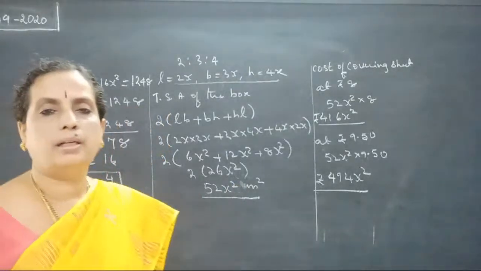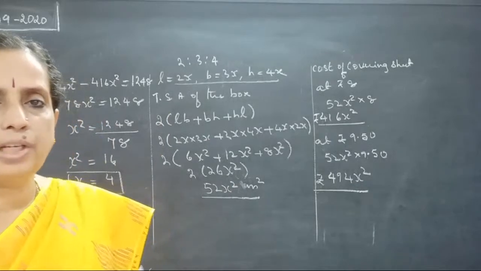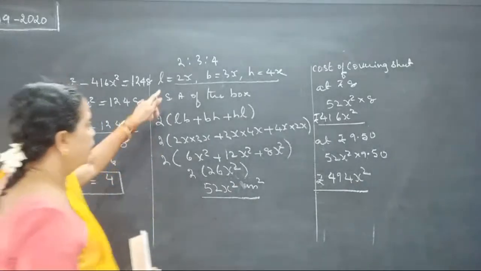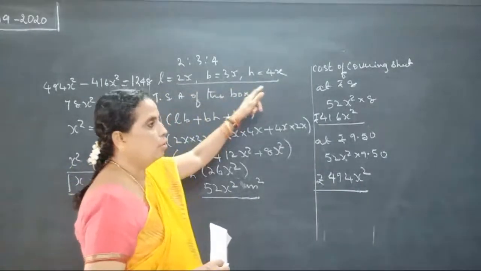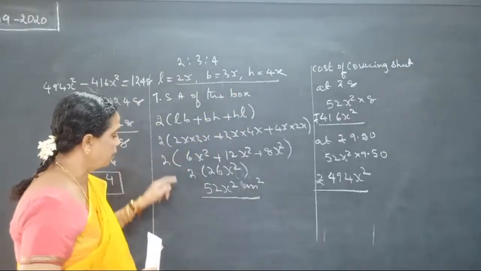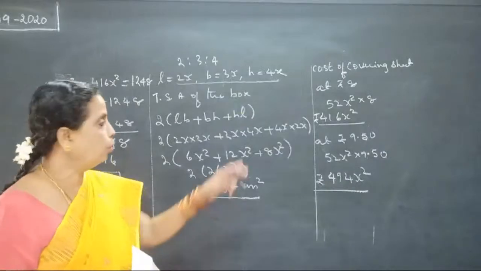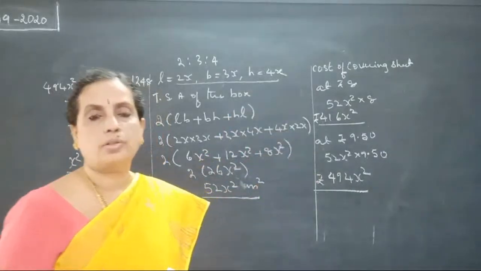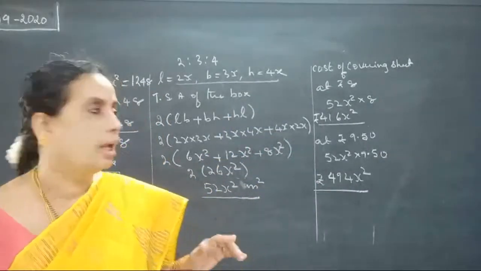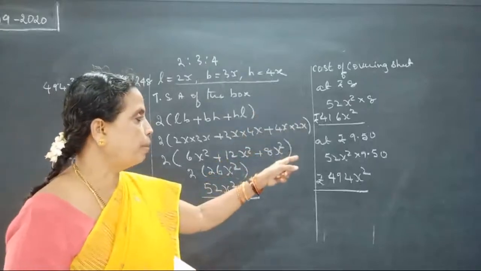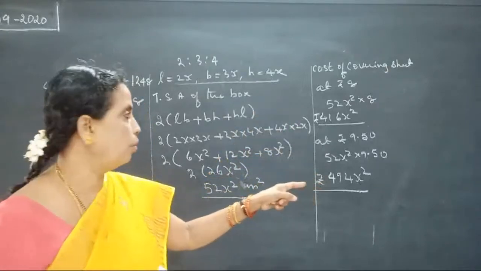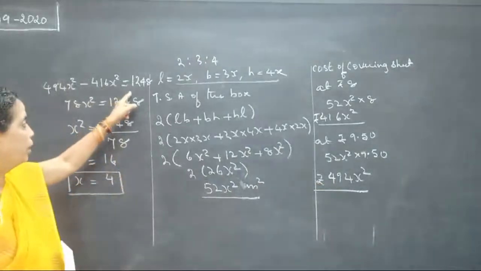Is that clear? I'll give the explanation once again. They have given the ratio. Using the ratio, we got the surface area in x terms only. For the two different costs, covering the sheet at rupees 8 and rupees 9.50, the difference is 1248.